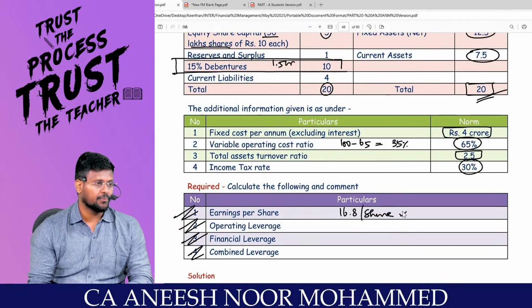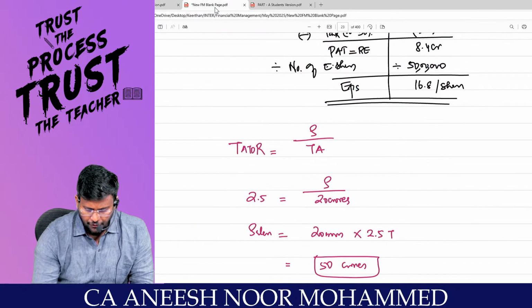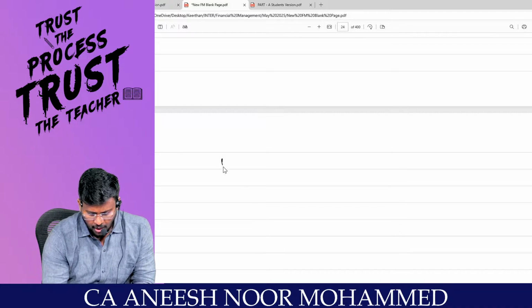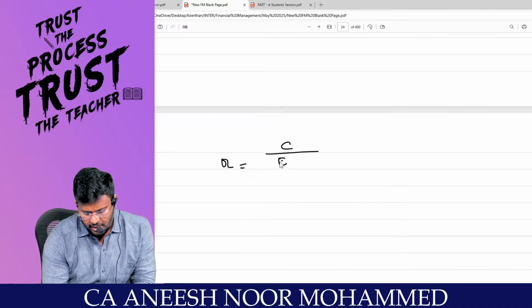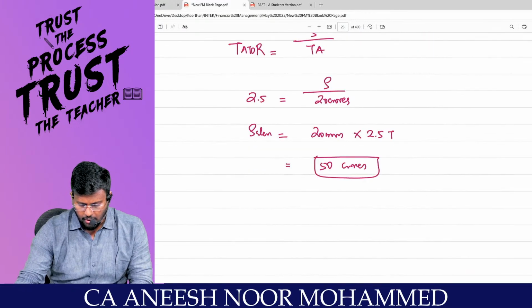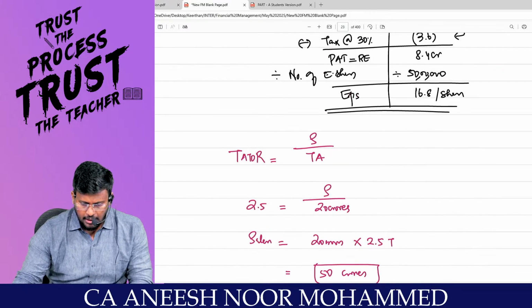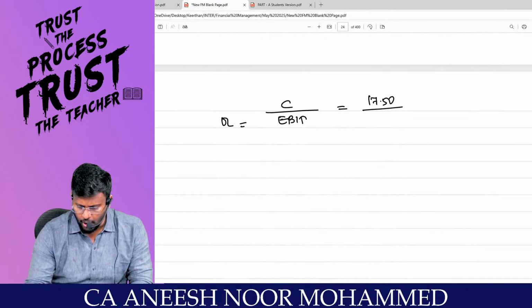Are you getting it? Now the full income statement is available with me. I can easily find out the operating leverage, right, sir? Operating leverage is equal to contribution divided by EBIT. The contribution is 17.5 crores divided by EBIT is 13.5 crores.